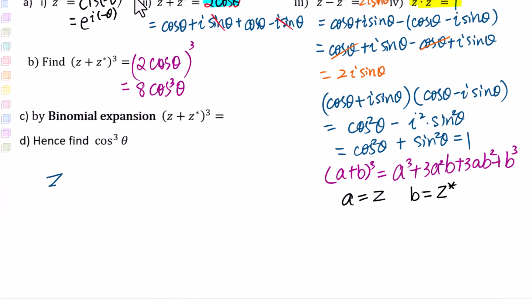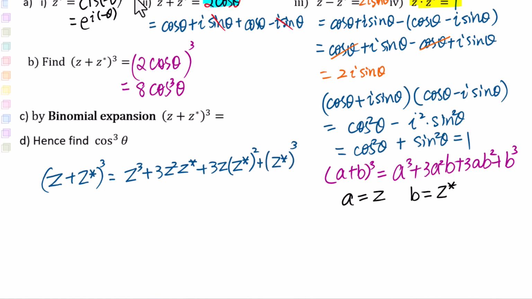So we get z plus z star to the third power equals z to the third power plus 3z squared times z star plus 3z times z star squared plus z star to the third power.